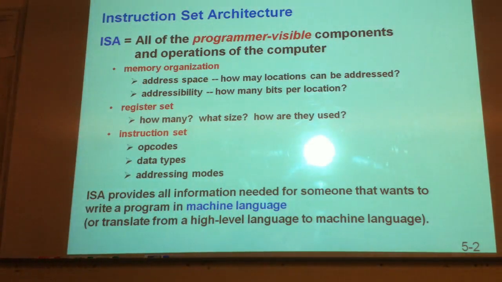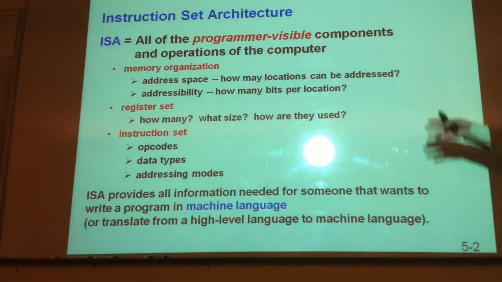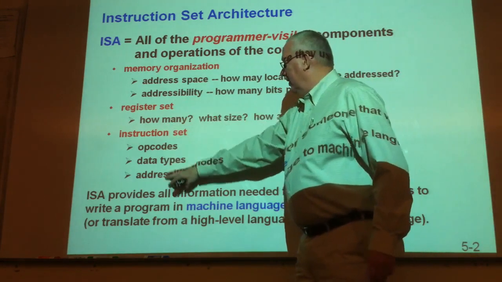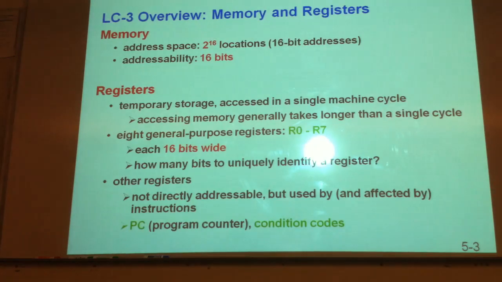So you either point to memory or you point to a pointer that points to memory, so double indirection. So you have all these different addressing modes, and each ISA can be a little bit different. Any questions on that? You need to know these things to program. So that's what we want to look at today.